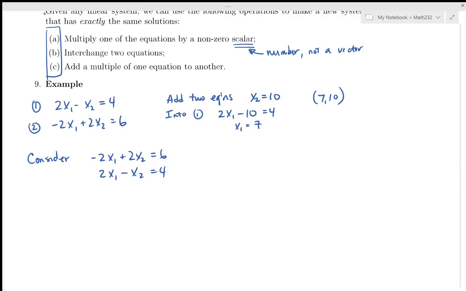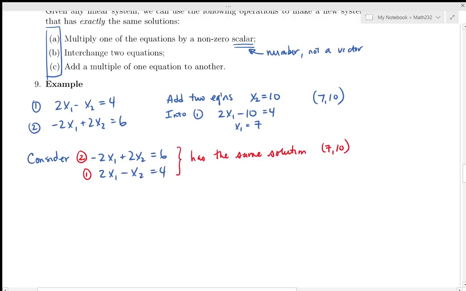I just wrote them in a different order. I could relabel, or you can just notice that the first one is now what was previously 2. So I've just written them down in a different order. Clearly it has the same solution. If you want, you can solve this one again, but I think it's pretty clear that this has the same solution set. That is this solution right here.